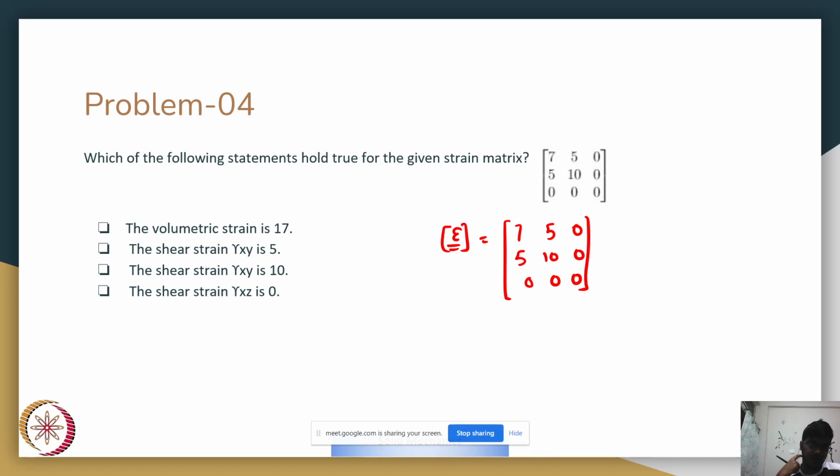The first option is regarding volumetric strain. So the local volumetric strain, do you remember what it is? Trace of strain tensor matrix. Correct. Trace of the strain tensor matrix, which is nothing but 7 plus 10 plus 0, which is 17. So the first option is correct.